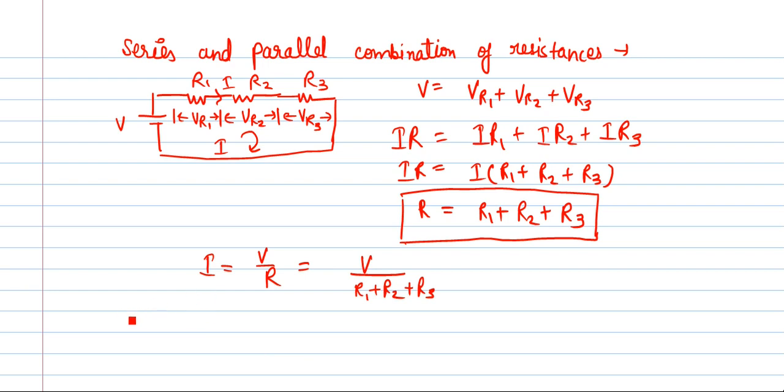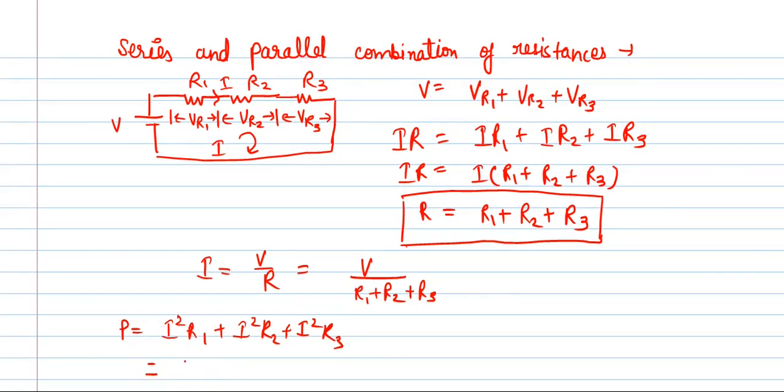Next, to calculate the power, P is equal to I square R, we all know. Here three resistances are connected, so we will calculate I square R1 plus I square R2 plus I square R3. Now we take I square common, so this gives I square into (R1 plus R2 plus R3).